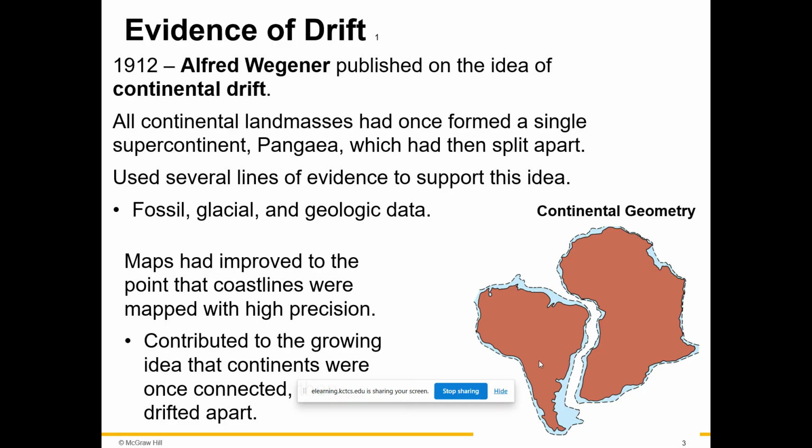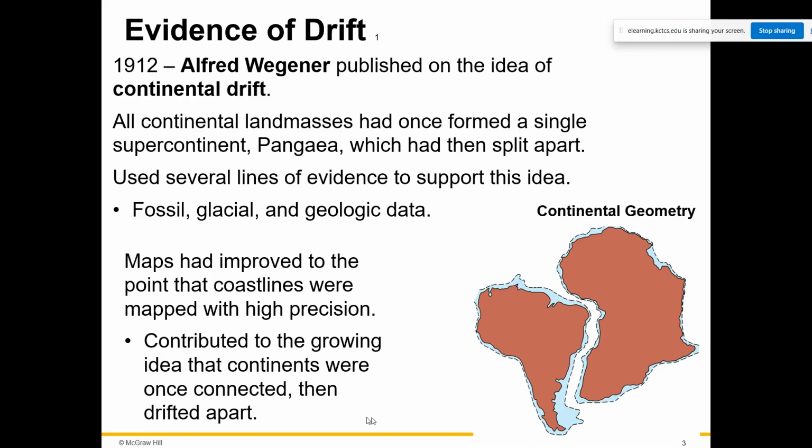So all of that kind of fit together that, hey, maybe these pieces on the globe were once put together. And then once we got some improved maps, we really were able to see that, yes, they really do fit together.